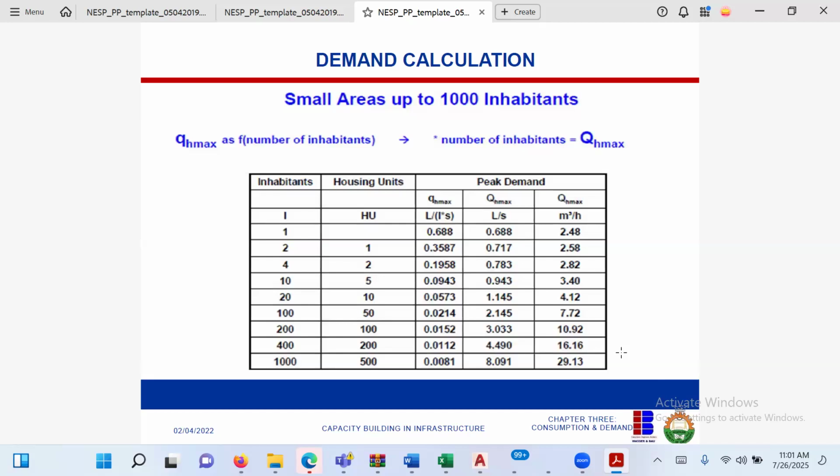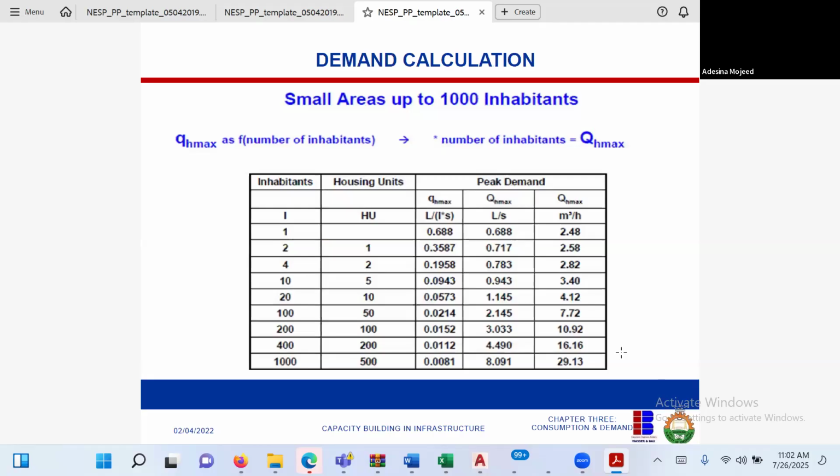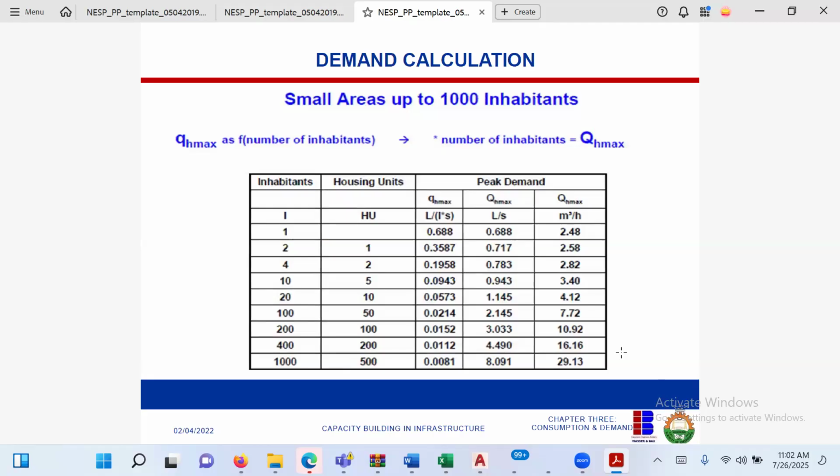So in discussing factor of safety, the higher the population equivalent you are designing for, the lower your factor of safety. So it's inversely proportional. If I'm designing for 1,000 people, it's different from designing for 1 million people.